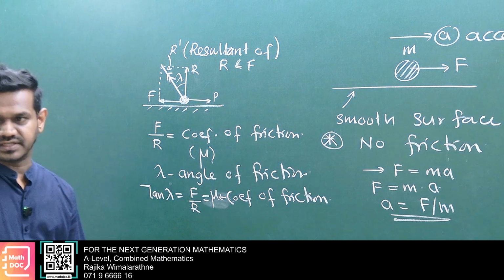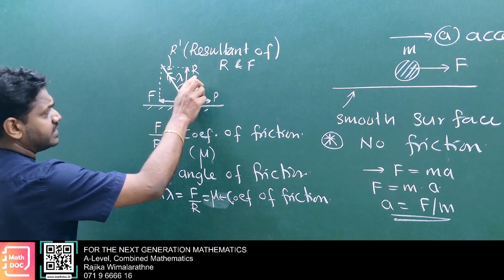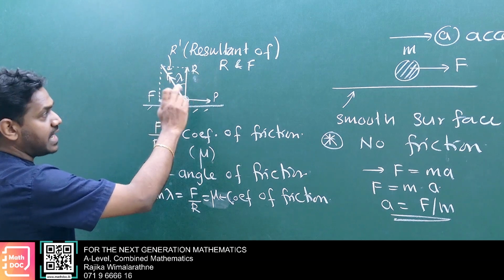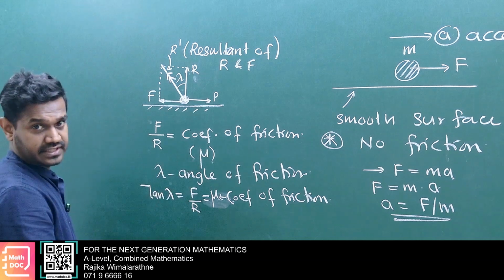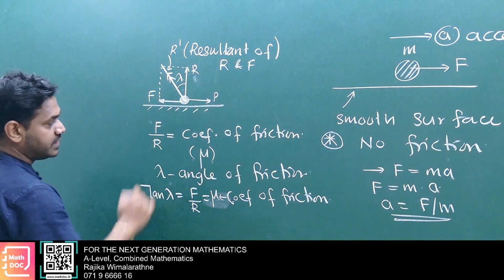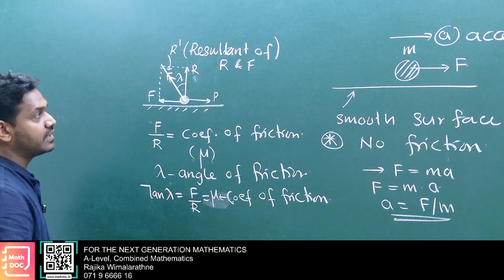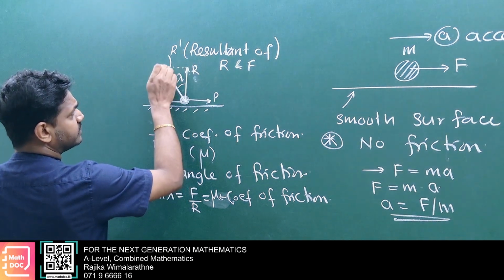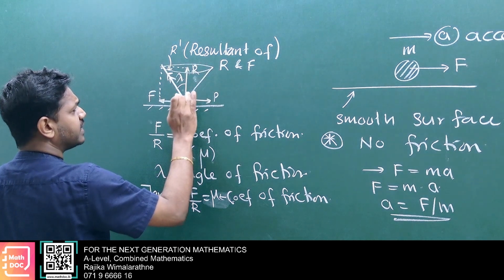Here you identify the reaction, the resultant, then the angle between resultant and reaction is the angle of friction, and F divided by R we call the coefficient of friction. Tan lambda is F over R. When we rotate this, we can create a cone.